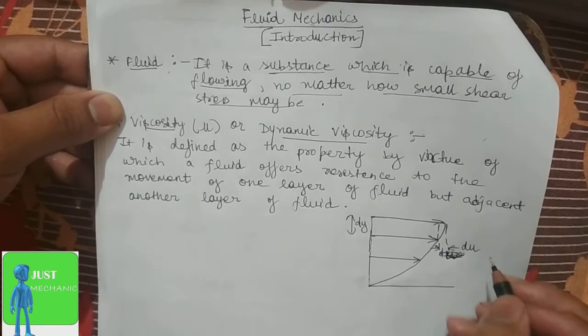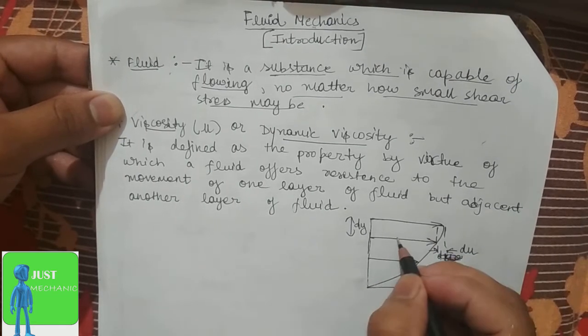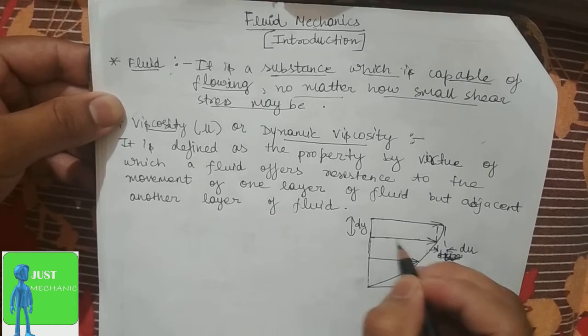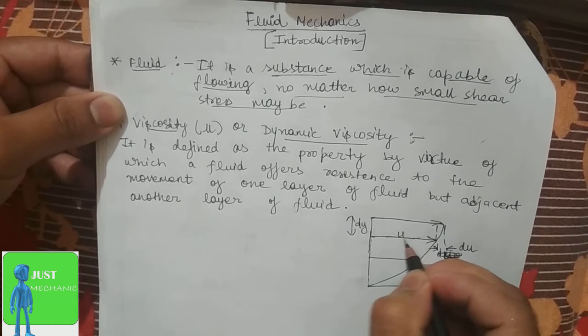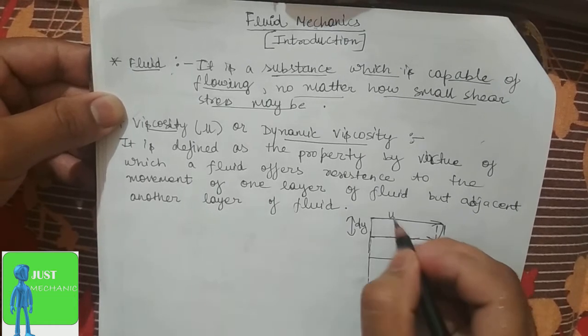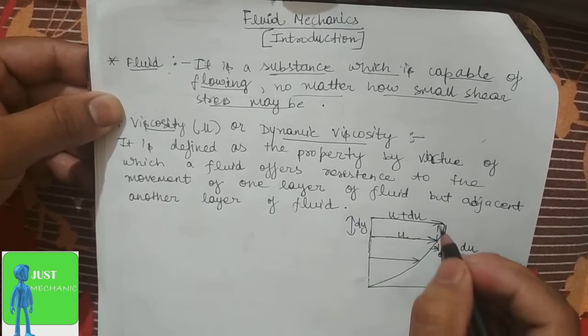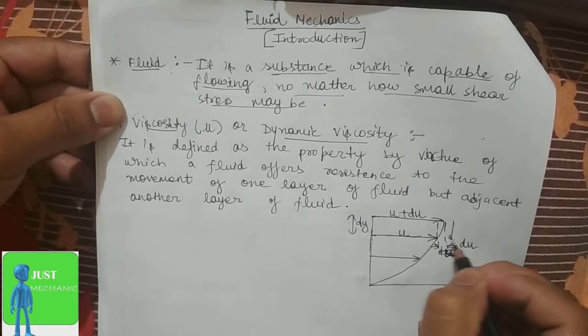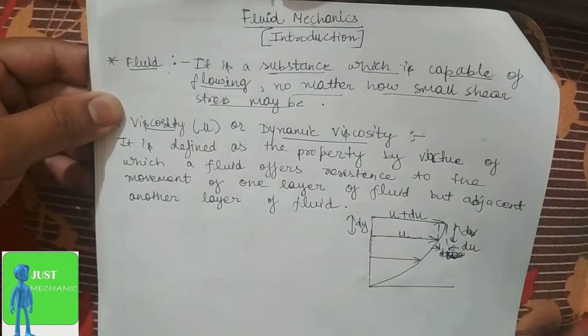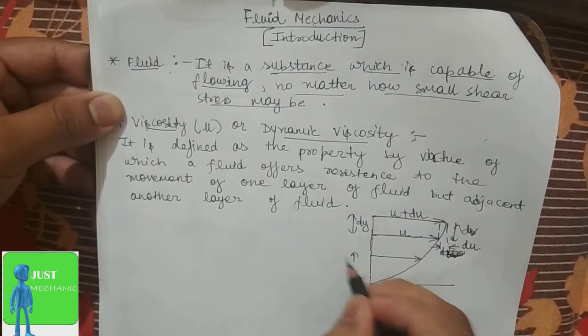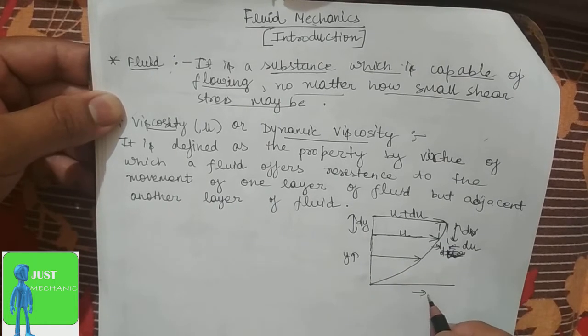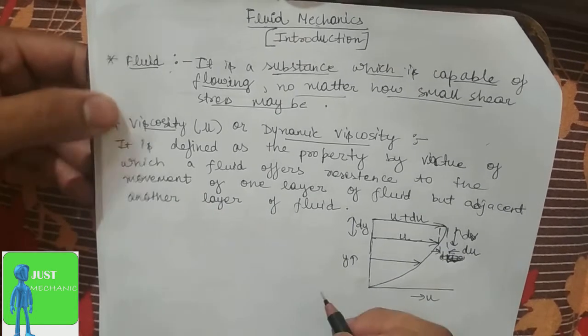This layer is moving with velocity u, and the next with u plus du, and the distance between these two layers is dy. This is the y-axis and this is the velocity.